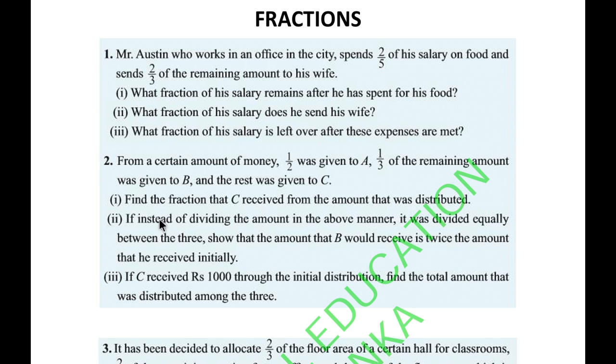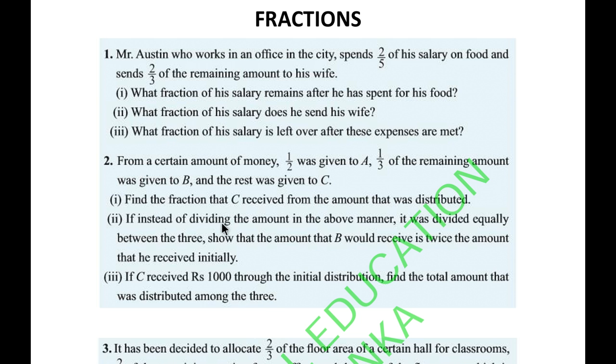Second: if instead of dividing the amount in that manner, it was divided equally between the 3, show that the amount B would receive is twice the amount that he received initially. Third: if C received 1000 through the initial distribution, find the total amount that was distributed among the 3.